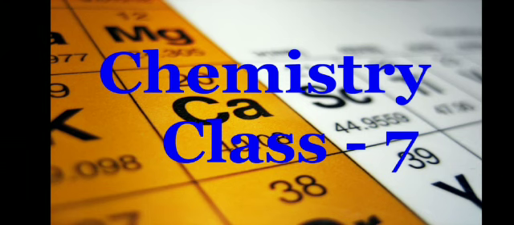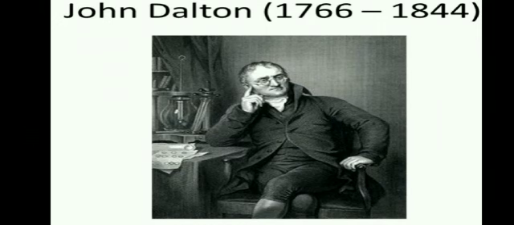We have already gone through the topic of elements. There is more to discuss about this topic, and one such thing is the symbol given to these elements. John Dalton was the first scientist to use symbols for these elements in a very specific sense.